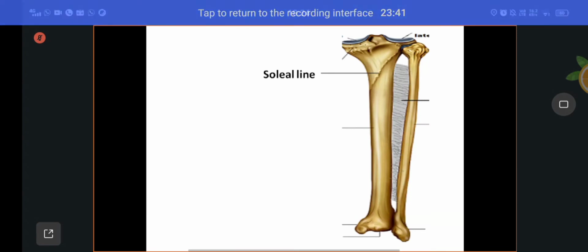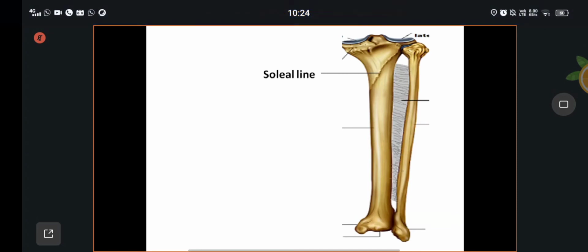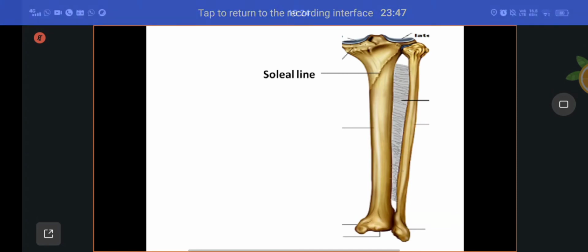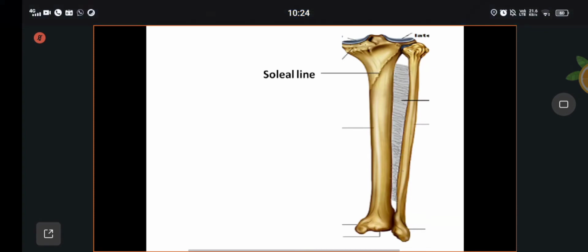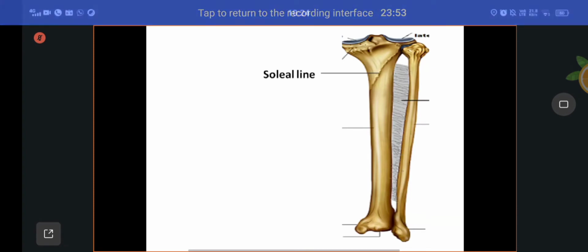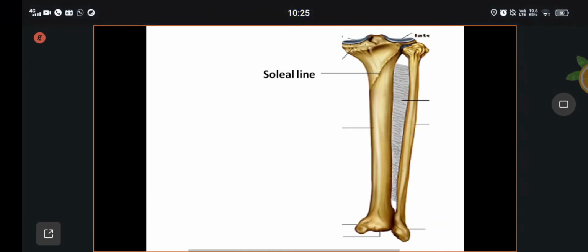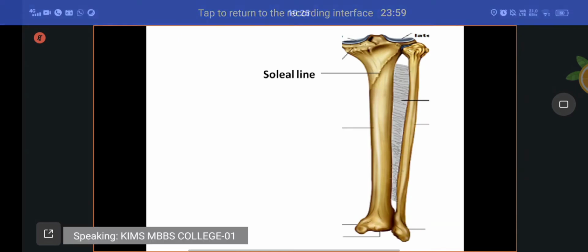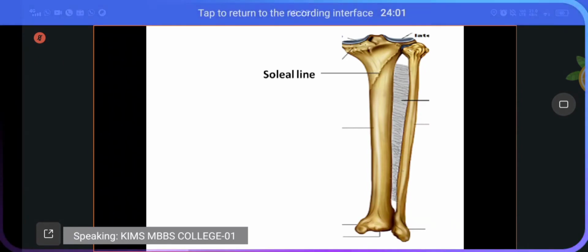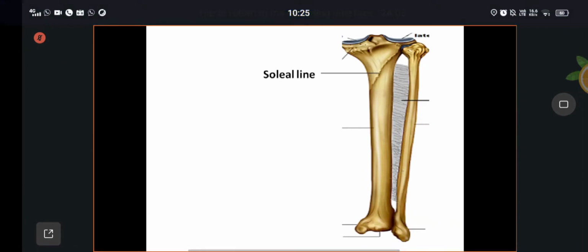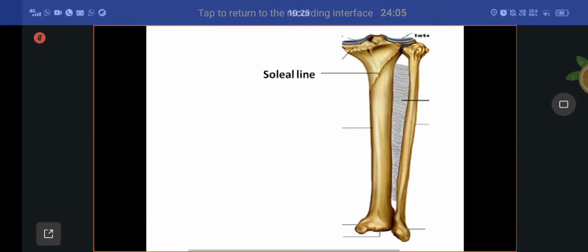The soleus muscle is very, very important. It is named the peripheral heart. The peripheral heart is nothing but the soleus muscle. The central heart, you know, is the main heart present in the thorax. The peripheral hearts are represented by muscles. The blood flow in the arteries is controlled by the central heart made up of cardiac muscle.